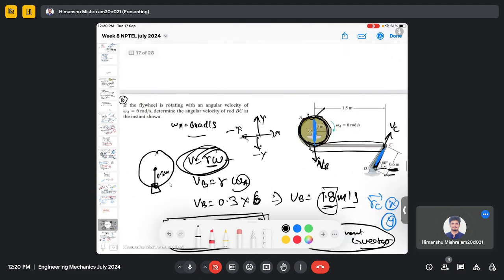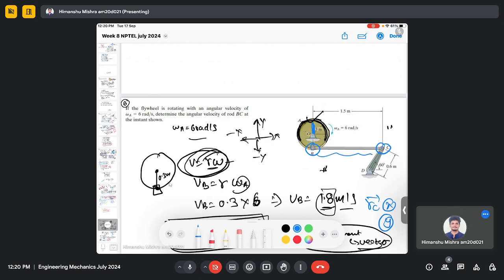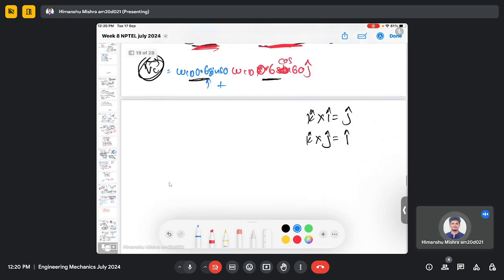So once you got the velocity at point B and point C, now you can use the relative velocity expression between these points. It has some angular velocity omega BC, so I can write velocity at point B equals velocity at point C plus the relative velocity.